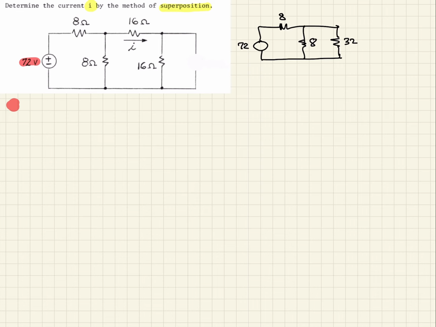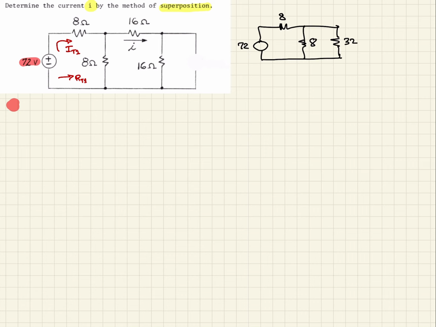So next we need to determine what the total current, we'll call it IT1, is coming from our source. But to do that, we're going to have to find what the RT total resistance is from our circuit.